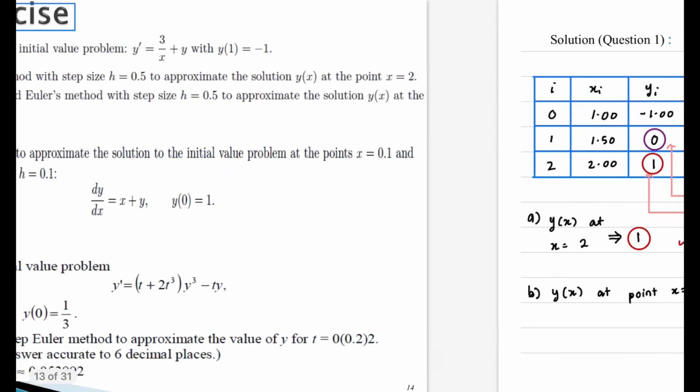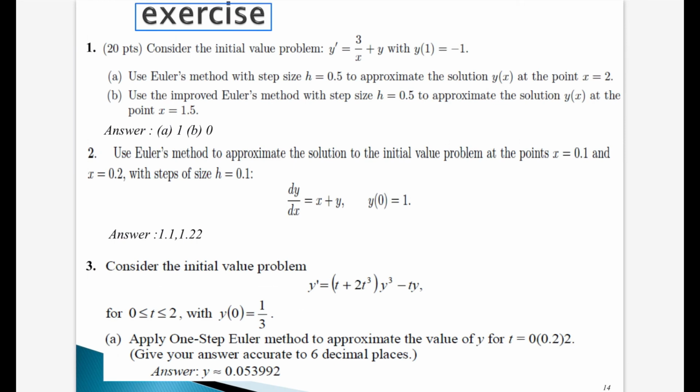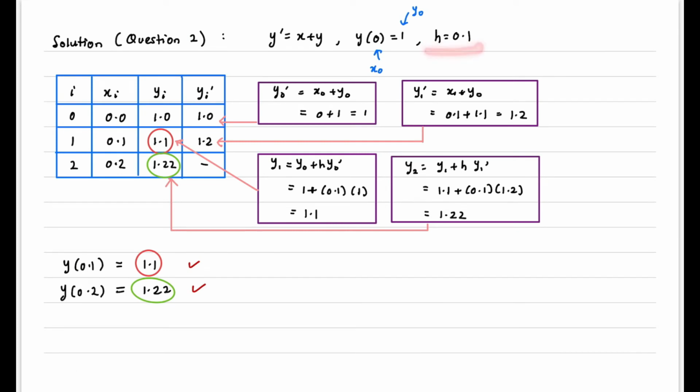Question number 2, use Euler's method to approximate this ODE at points x equal to 0.1 and 0.2 with h equal to 0.1. Similarly, this is your h, this is your initial value problem, and this is your ODE.